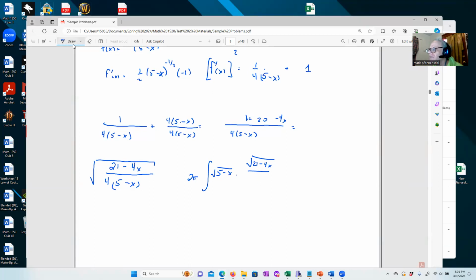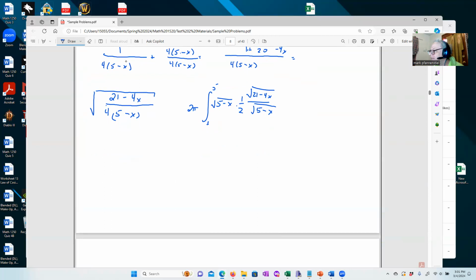We have the square root of 5 minus x. Taking the square root of this 4 here, we're going to end up with a 1/2. And again, we're going from 3 to 5. Some stuff cancels. That's the whole point. That's why you don't want to multiply this out until you really have to, because we're always hoping that some stuff is going to cancel.